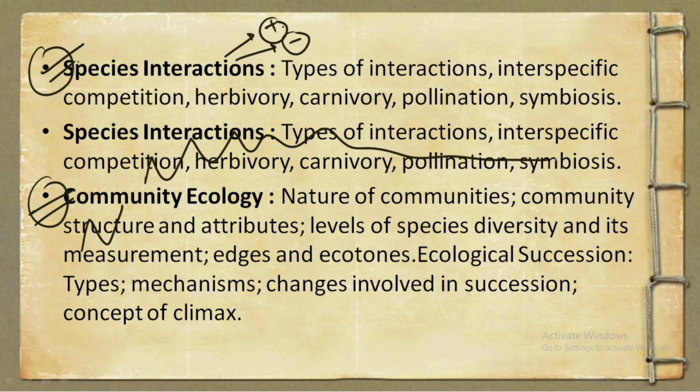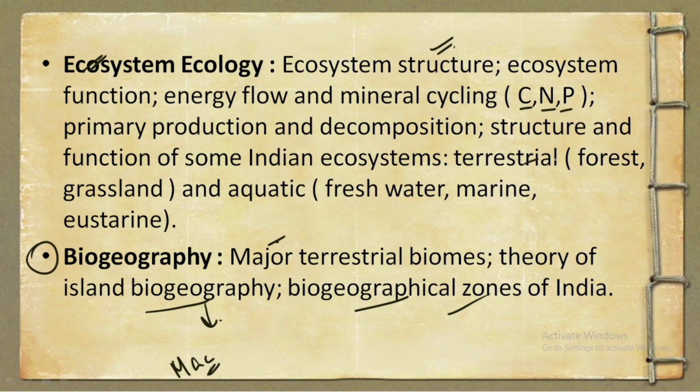Every year, one way or the other, you can find questions. So this unit is something to target in a complete holistic manner. And we have the topic of ecosystem ecology. From this also, we have learnt about the carbon cycle and the nitrogen cycle in our lower classes. So just have an advanced study of the same and you're good to go for this particular topic also.